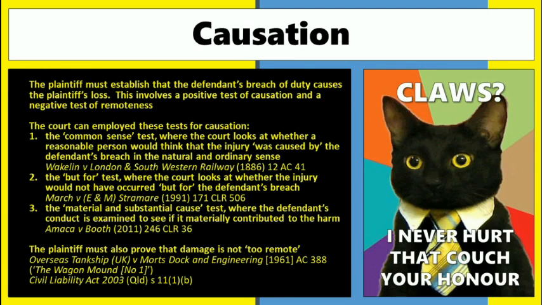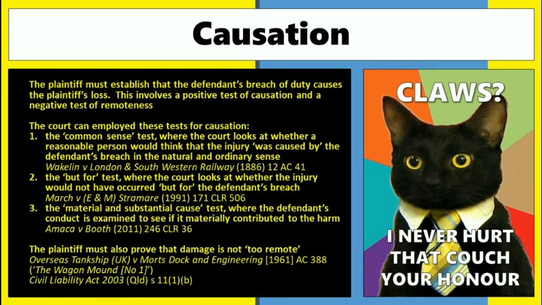So under a contemporary test, you don't need to prove that it was 100% caused as a result of this particular breach, only that it was a substantial reason. It's very, very likely that the particular type of harm flowed from the breach, even if it's not the only thing that contributed to this particular harm, as a test of causation.